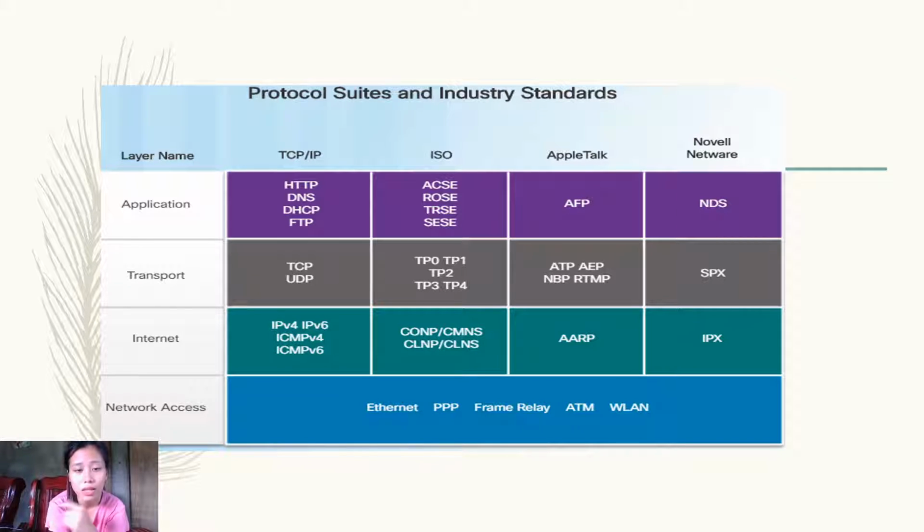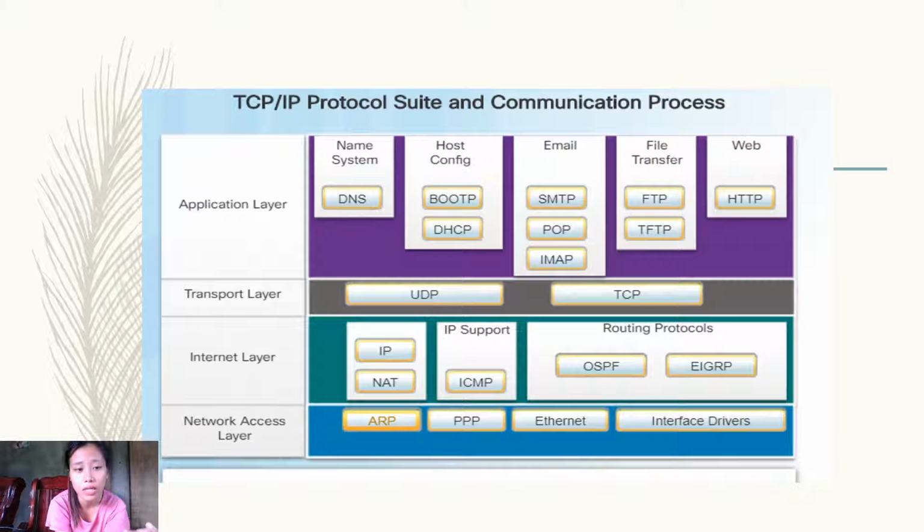So, as you can see in the picture, that's the protocol suite in the industry standards. And for the next one, we have the TCP/IP protocol suite and the communication process. In the application layer, we have the Domain Name System (DNS), host configuration with BOOTP and DHCP, email with SMTP, POP, and IMAP, file transfer with FTP and TFTP, and web with HTTP.